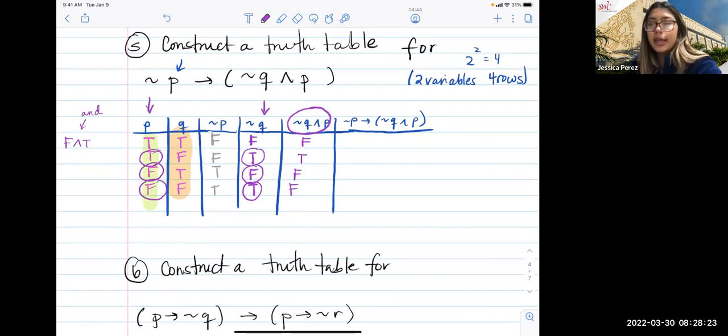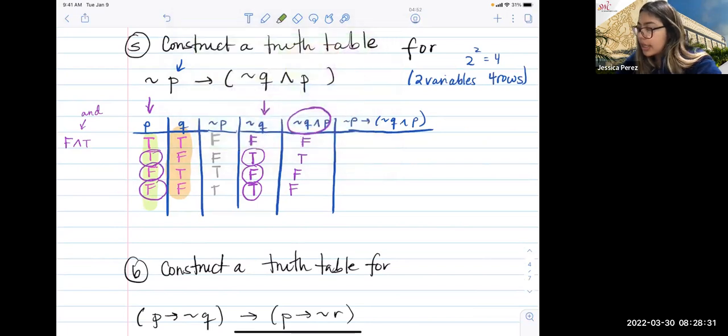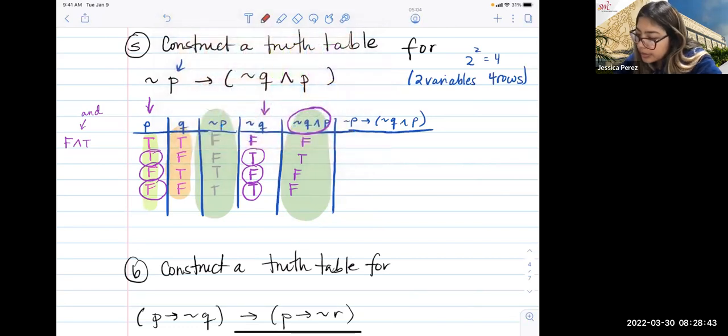Now I'm looking at not P implies not Q and P. So for that, I'm going to be looking at the negation. So this one negating and the one that I just did, and I'm going to do an implication. What do you mean an implication? I'm going to assume that this is P and this is Q. So if P implies Q. So F implies F. What is that?